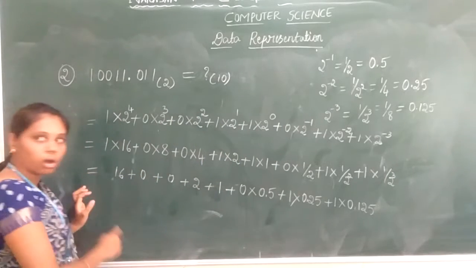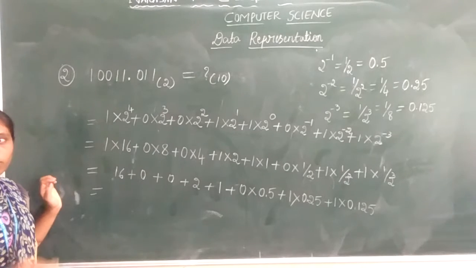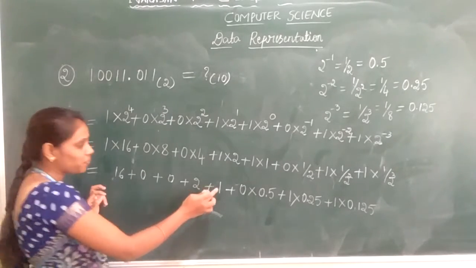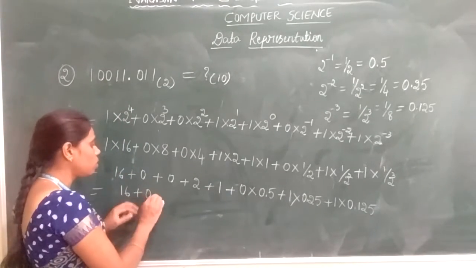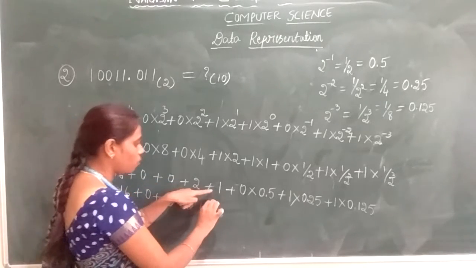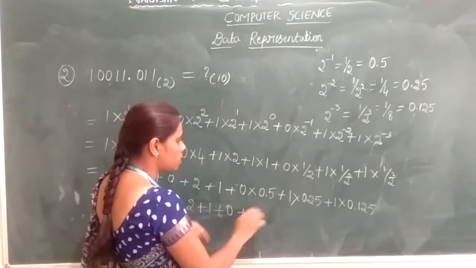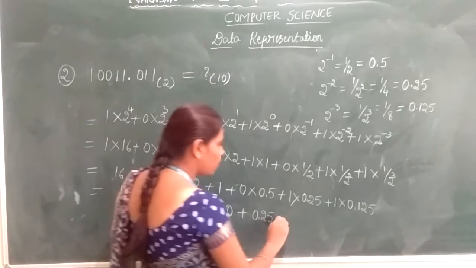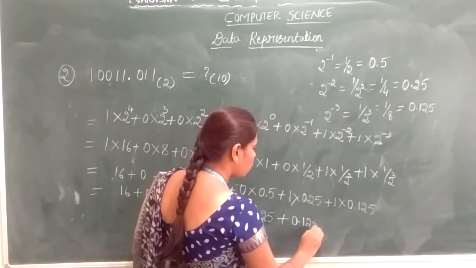So add all these values. You will get the final value as 16 plus 0 plus 0 plus 2 plus 1 plus 0 into 0.5 is 0 plus 1 into 0.25 is 0.25 plus 1 into 0.125 is 0.125.